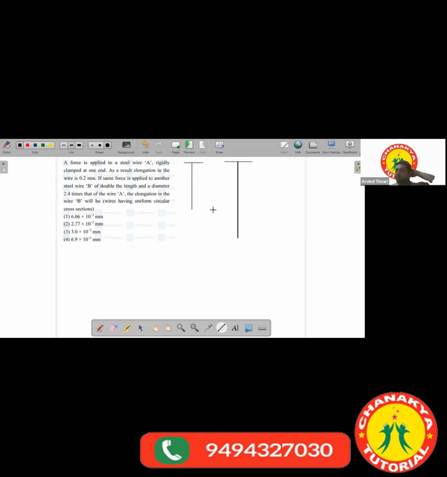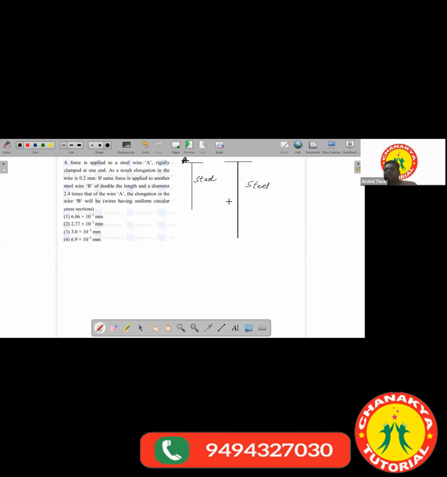What relation do these two wires have with each other? See, the wire A is also made up of steel. This is also made up of steel. And this wire is also made up of steel. Okay. So we have a connection between them.